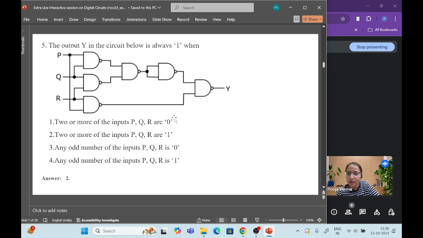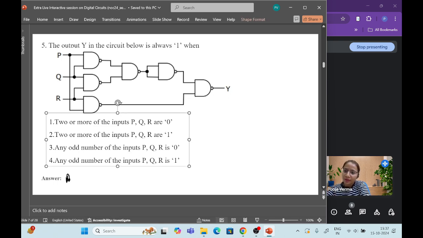The next question is: the output Y in the circuit below is always 1 when option 1, two or more of the inputs P, Q, R are 0, option 2, two or more of the inputs P, Q and R are 1, option 3, any odd number of inputs P, Q, R are 0, or option 4, any odd number of inputs P, Q, R is 1. Okay, so first we will check what the logic expression of this circuit is.